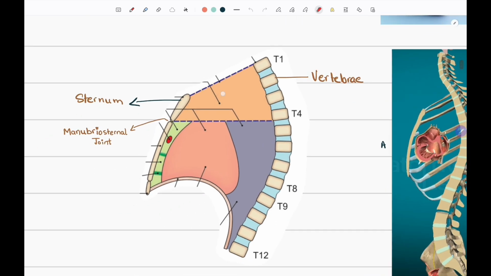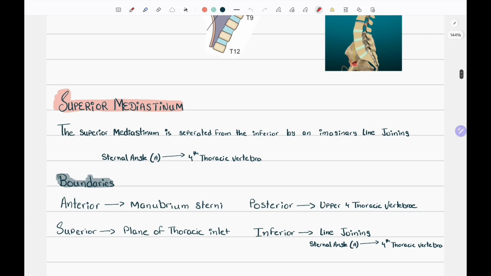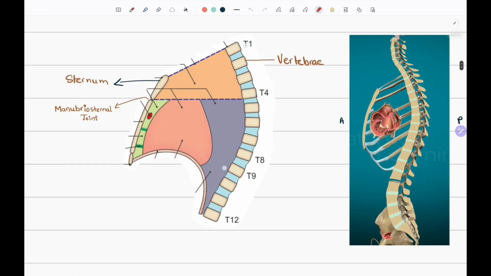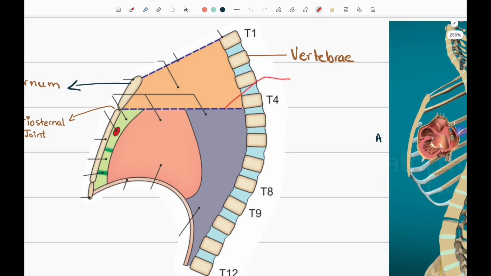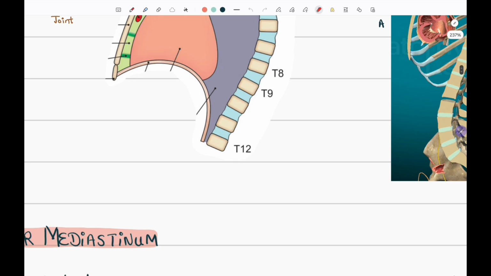This space corresponds to our superior mediastinum, and the space below it is our inferior mediastinum. The superior mediastinum is separated from the inferior mediastinum by this imaginary line joining the sternal angle to the fourth thoracic vertebra.